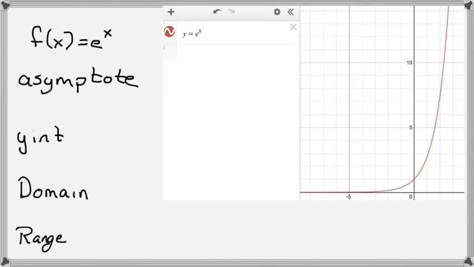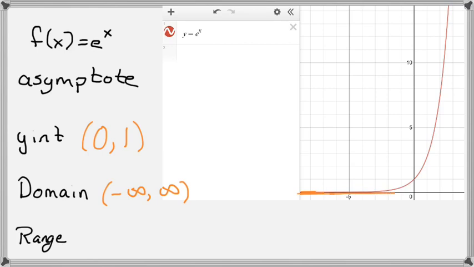And so let's just talk about the basic features of e to the x. Thinking about the basic features of an exponential function, the y-intercept, if there's no transformations, is (0, 1). The domain is negative infinity to positive infinity. The range is based upon the asymptote.